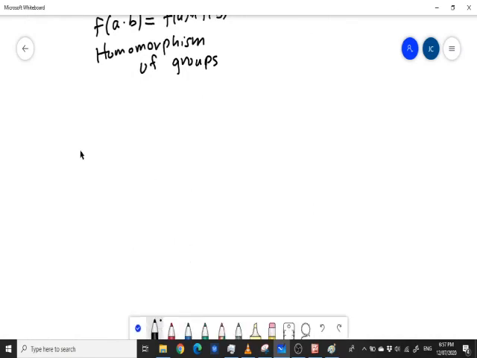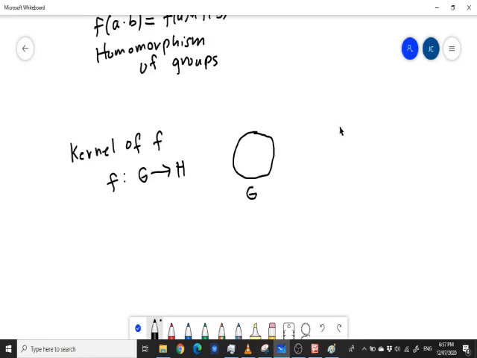Kernel of groups, kernel of a function F. So, again, F is a homomorphism, say homomorphism of groups. What is the kernel? Okay, so we have this is G, this is H, and we have a mapping F between them.